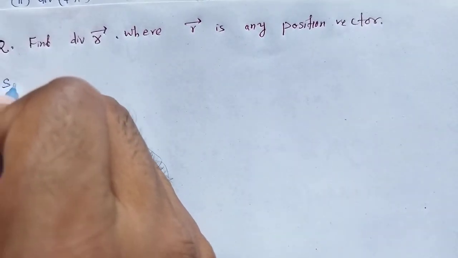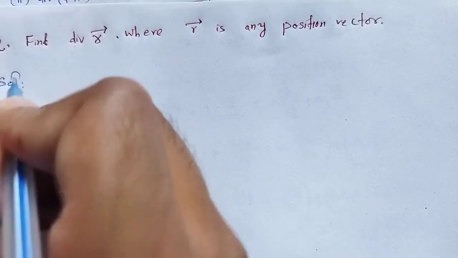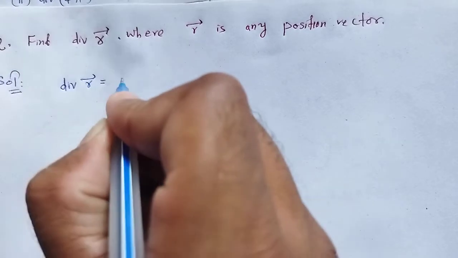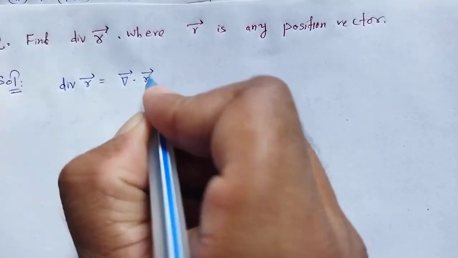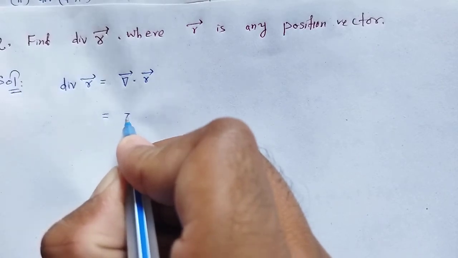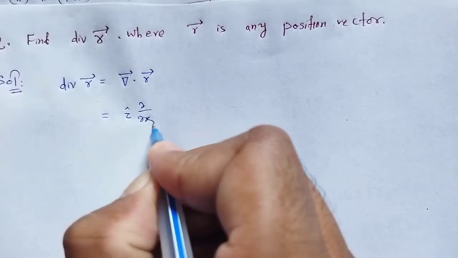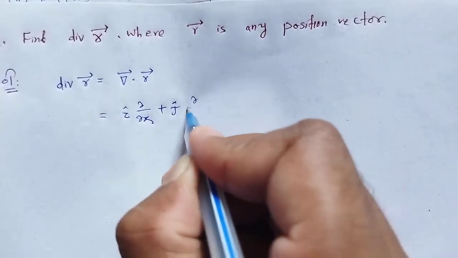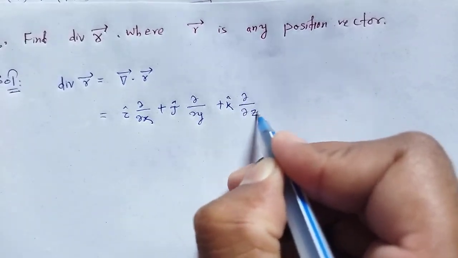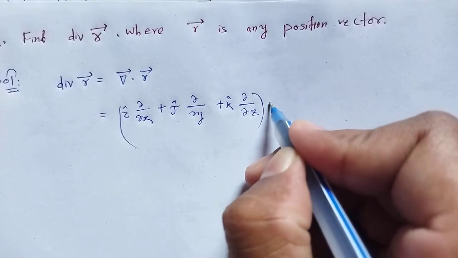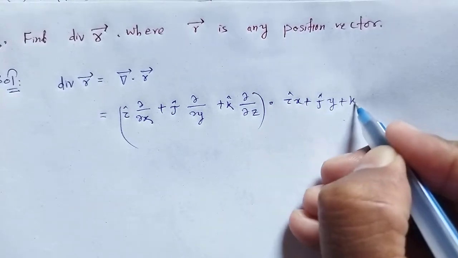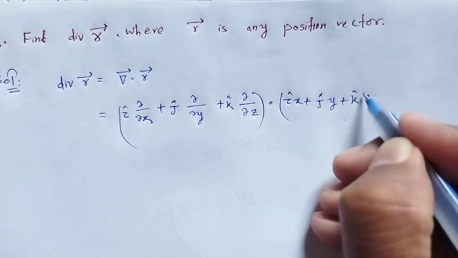Solution will be divergence of R vector is equal to grad dot R. The gradient we can write as i cap del by del x, j cap del by del y plus k cap del by del z, dot i cap x, j cap y plus k cap z.